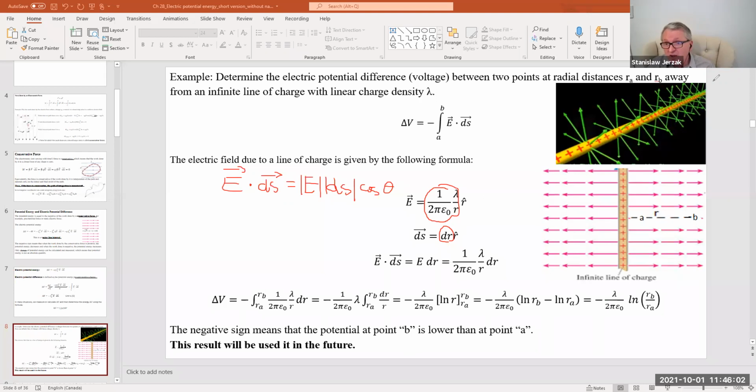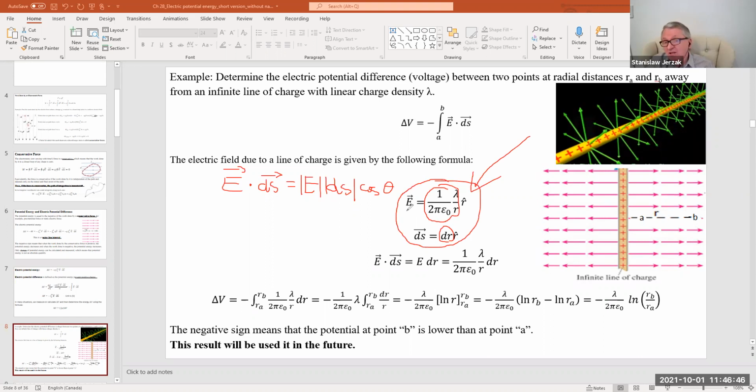Because the electric field produced by the line of charge is easy to describe in cylindrical coordinates, since that field has cylindrical symmetry. The only coordinate you need here is r. We don't need the remaining two cylindrical coordinates in this case. Next week on Friday I will explain more details about cylindrical coordinates, and then this notation will be a little bit clearer. But it should be clear even right now.